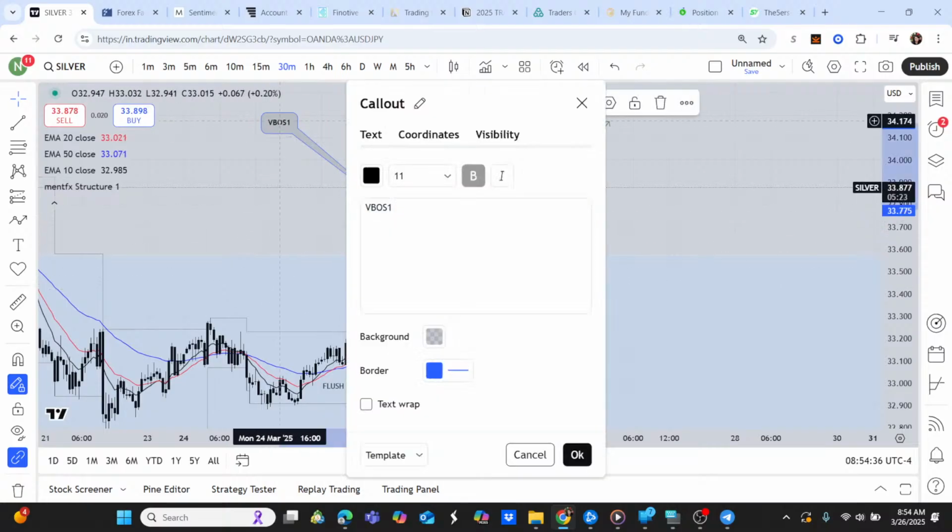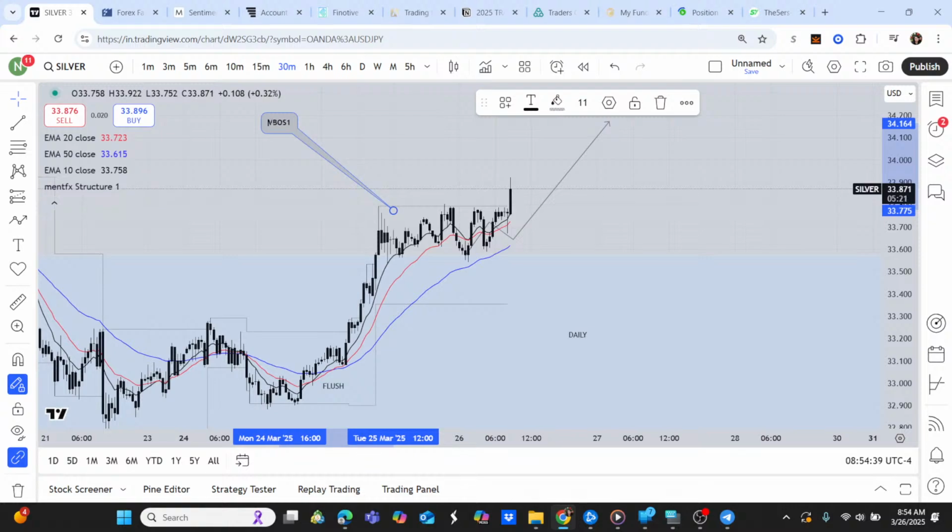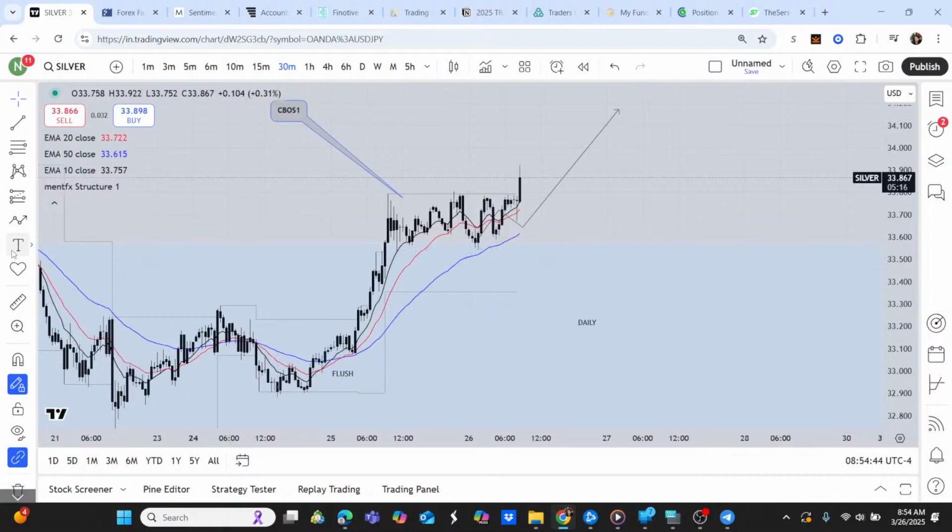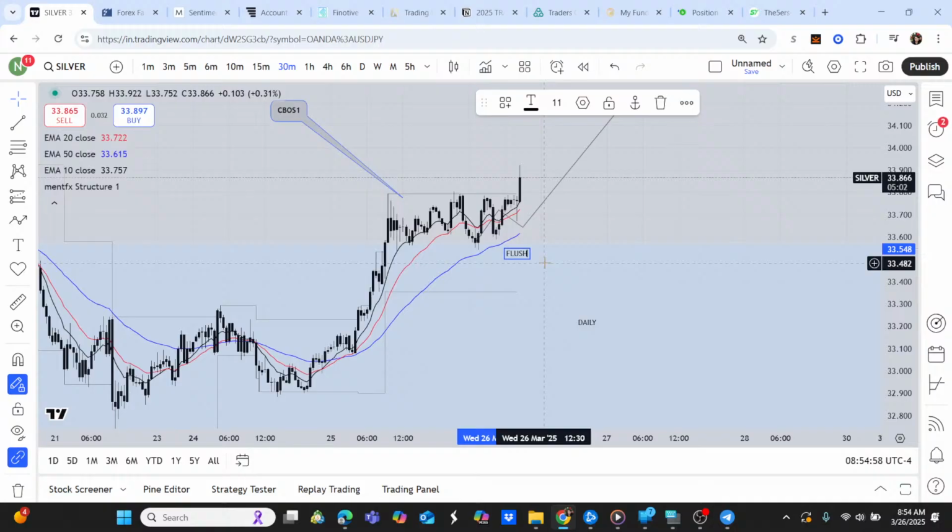I think this is the flush. Consider this the first, second, third, and it reflushed right here. So yeah, this is a validation flush.